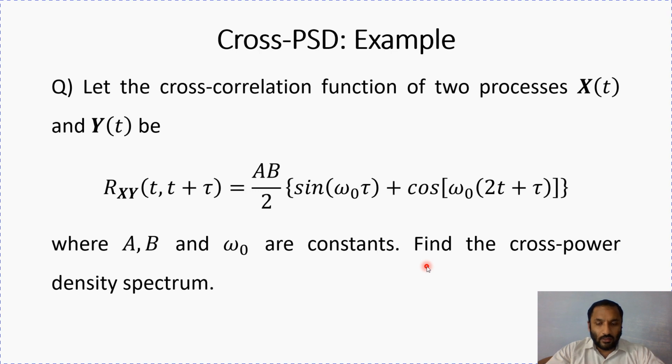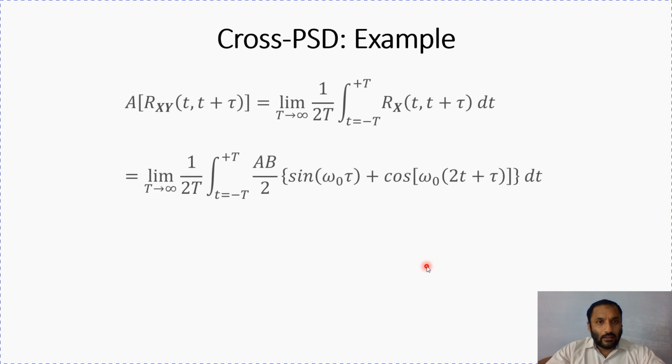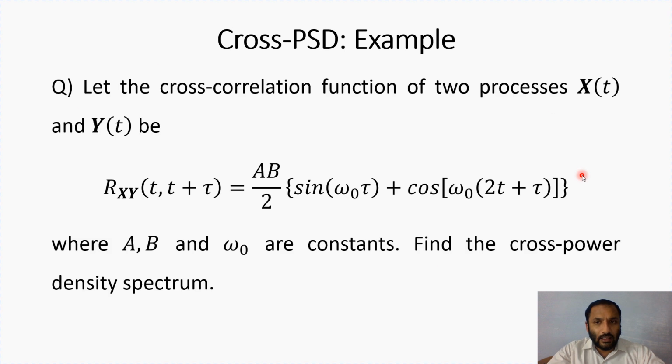So here what that means is the following. What we are going to do is first compute the time average of the cross correlation function, which is given here. First I will calculate its time average.